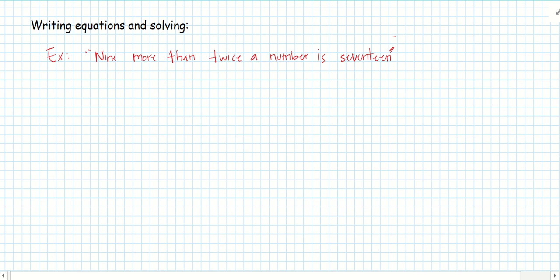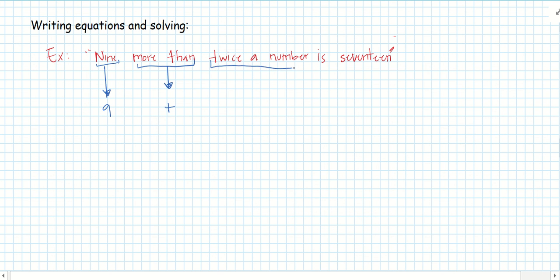So remember I showed you that we are going to break the sentence apart in parts, right? So here I can see that 9, well that's just going to be the number 9. More than means addition, so we're going to be adding 9 plus twice a number.